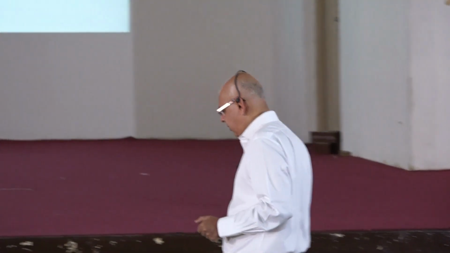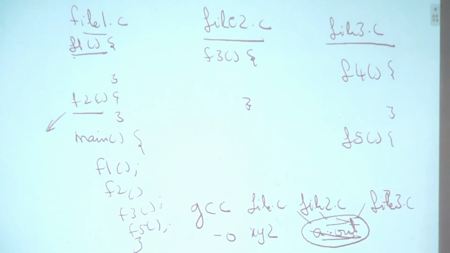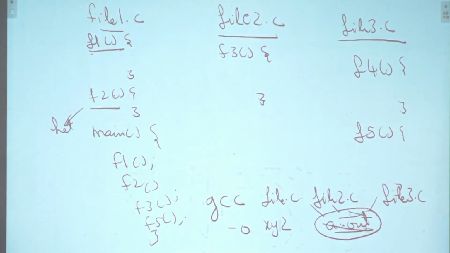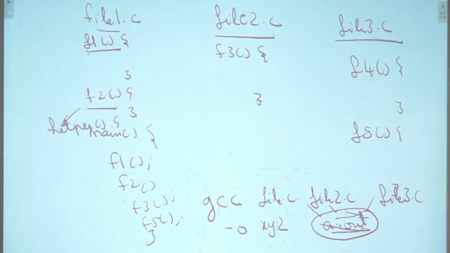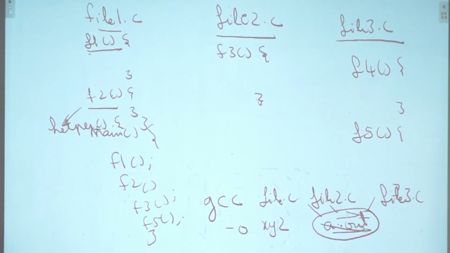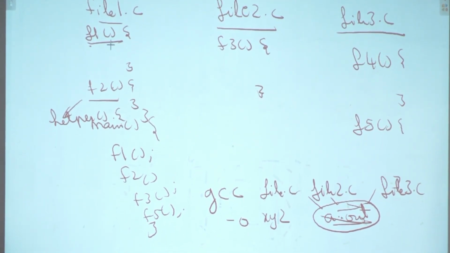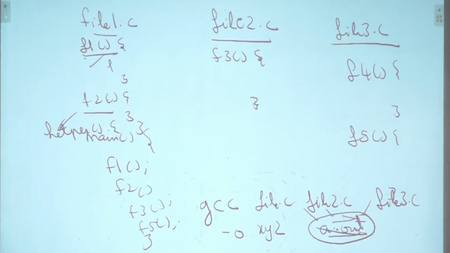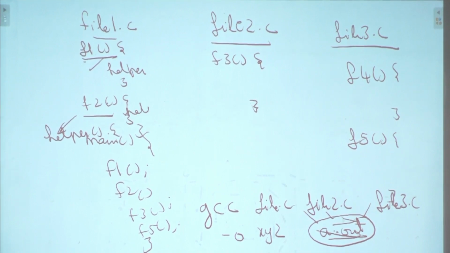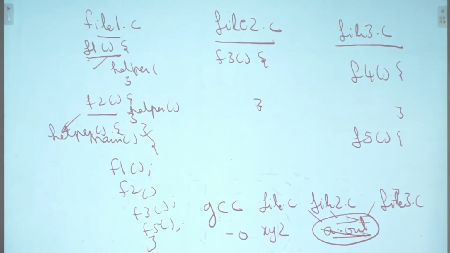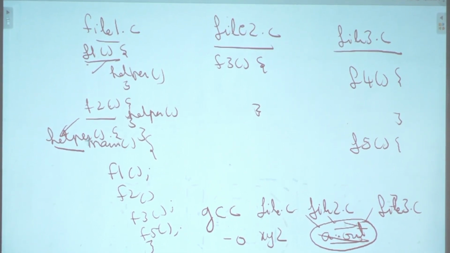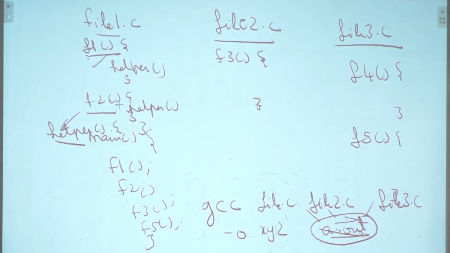It need not be called helper, I am just making it up as I go. So this is a helper function, and F1 uses it, F2 uses it. I am calling helper, and it is part of this file itself. File1.c has a helper function which is used by F1 and F2.